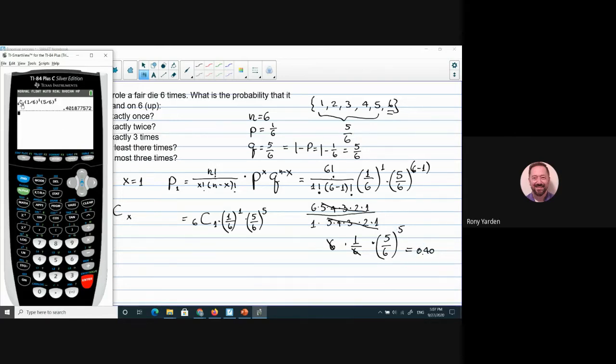Another way to plug this in, if you have a TI version older than TI 84 Plus, TI 83 or so, is to first type in the number 6, then go to Math, choose Probability, and choose number 3.